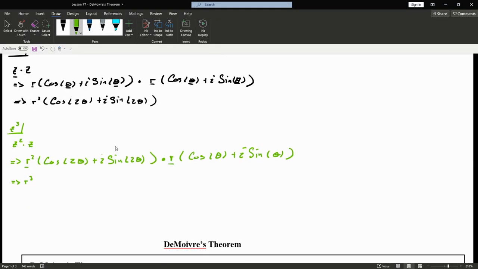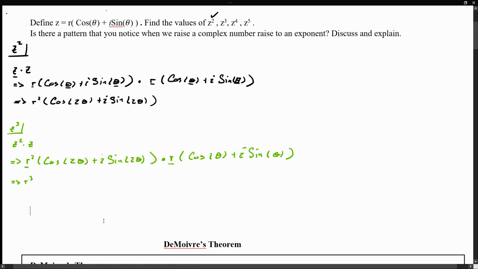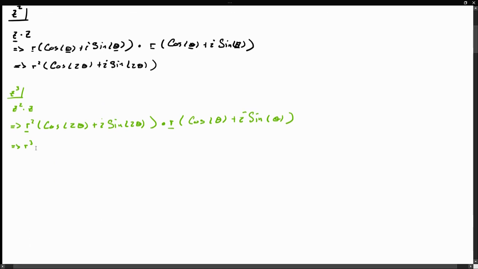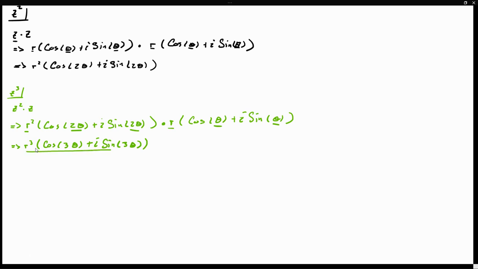And remember that we also add the arguments: 2 theta plus another theta gives cosine of 3 theta plus i sine of 3 theta. So this is the result of z to the third.